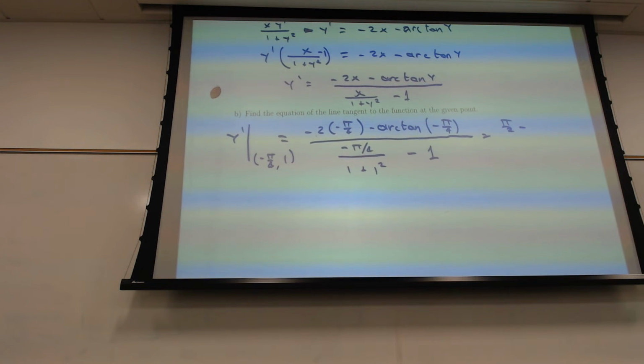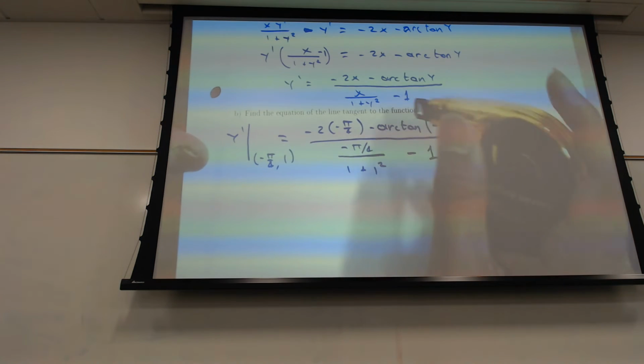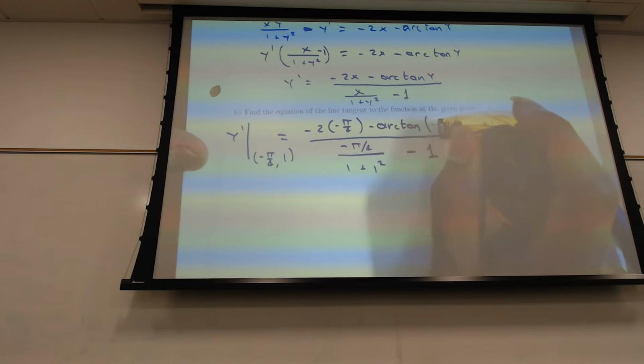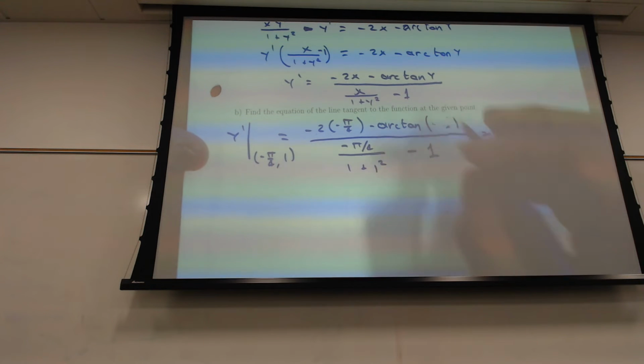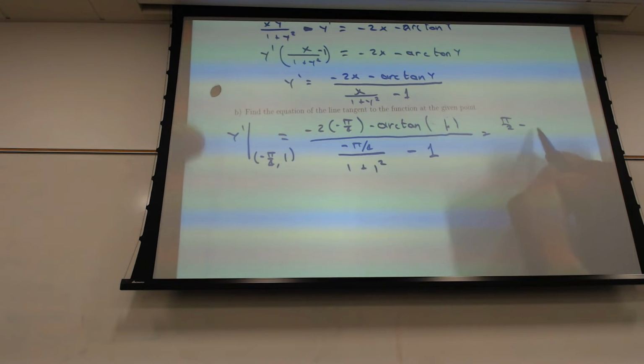Minus arctan of negative pi over 4. Well, actually, this should have been, I was speaking only of the x, so this should have been a 1, not an x, not a pi over 4. So arctan of 1 is pi over 4.